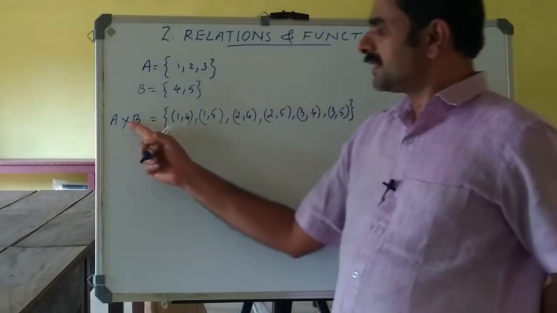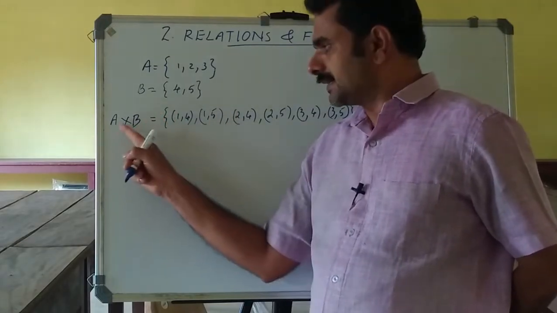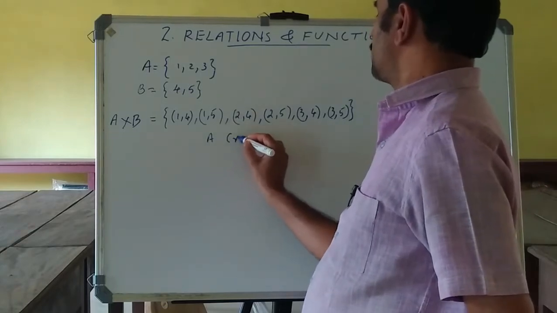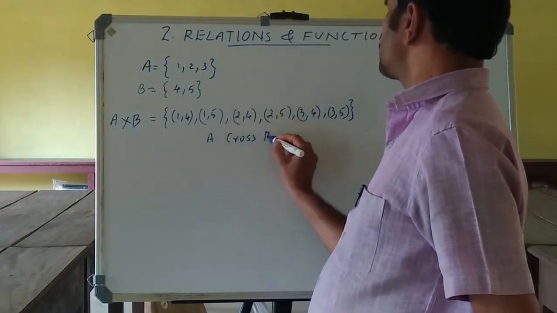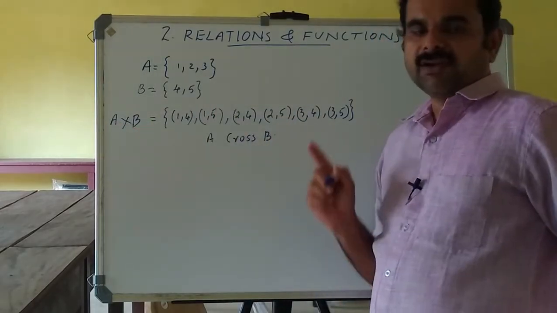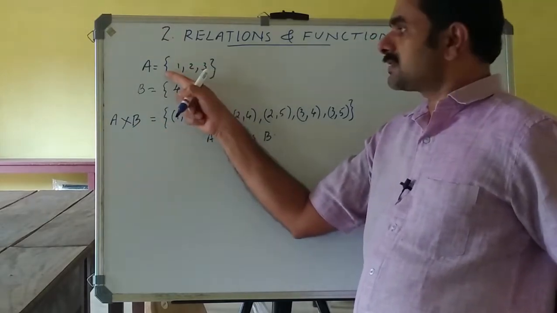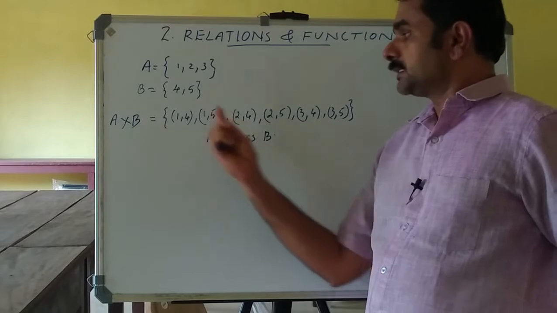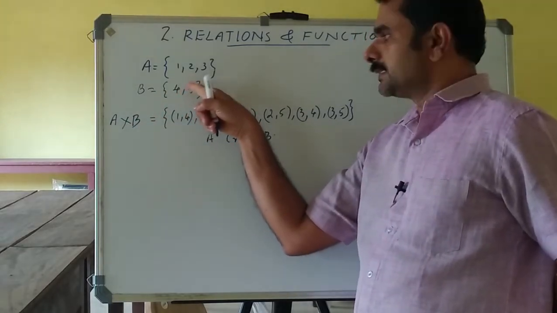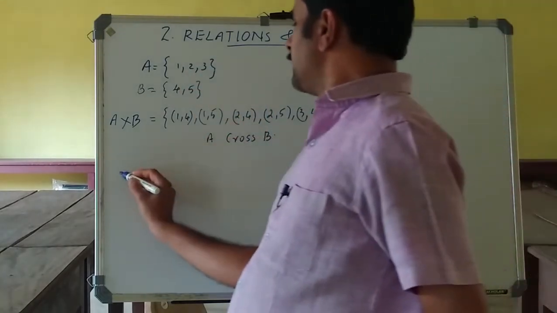And this type of expression is denoted by this symbol. Usually it is read as A into B, but that is not correct. It is read as A cross B, isn't it? So A cross B. When we define A cross B, first we start with the elements of the first set A. If it is B cross A, then you have to take the first element from B and second from A. Then what will be B cross A?